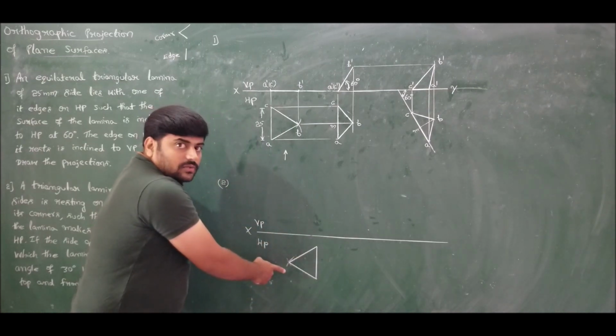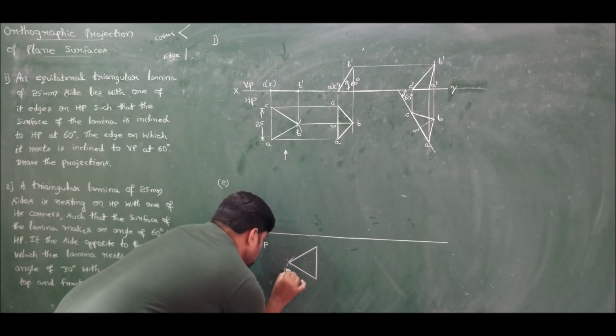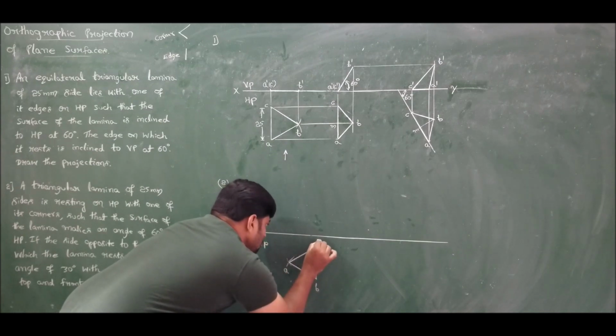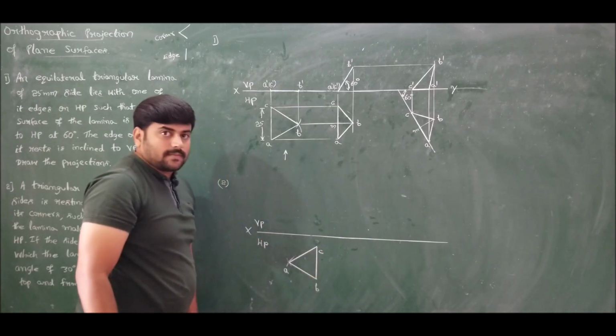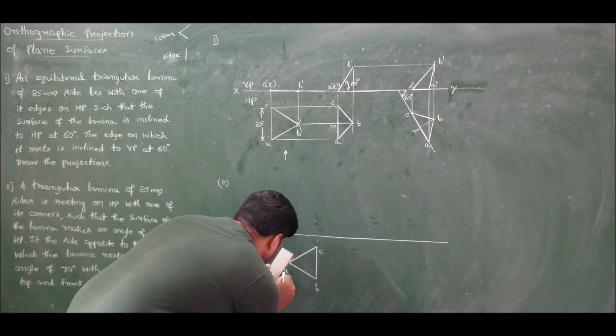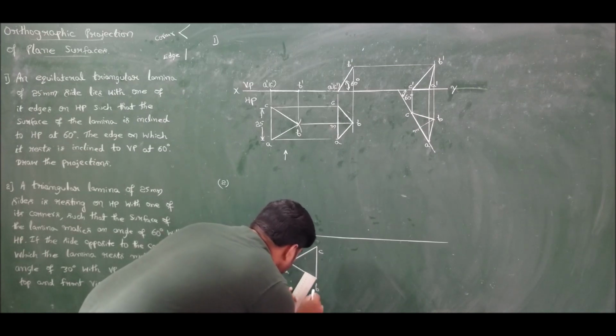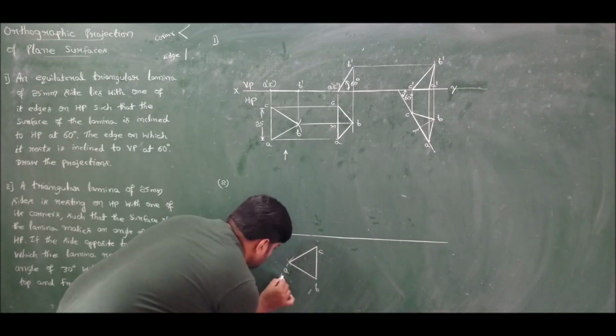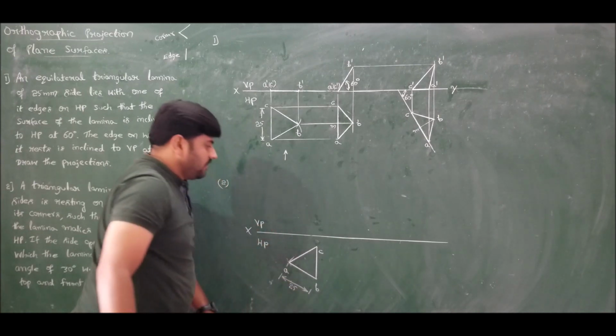I got a corner towards my left side. So this is A, B and C. Right? And each side is measuring 25 mm. Show it properly. Each side is measuring 25.